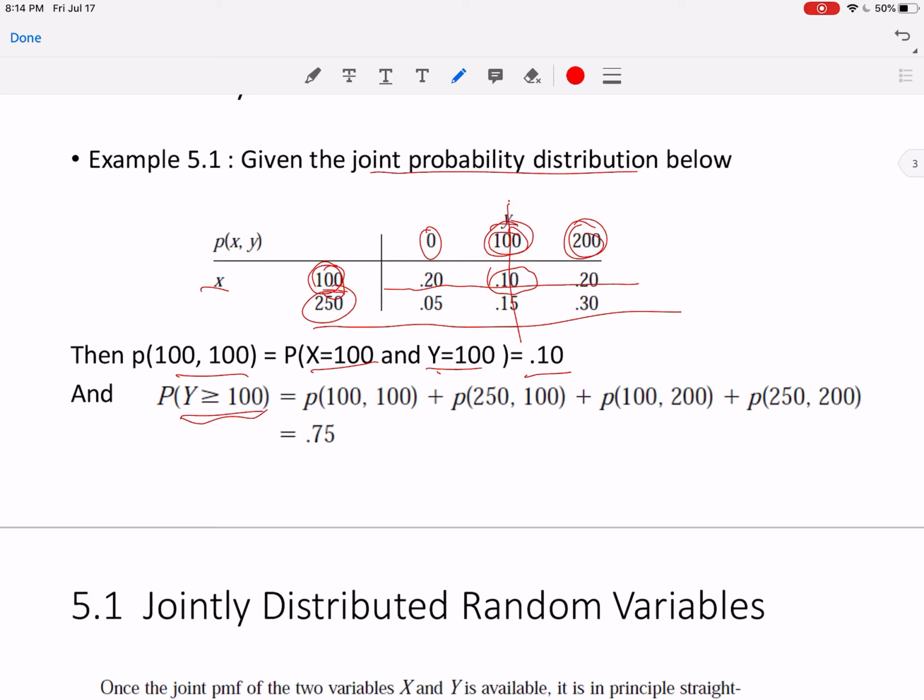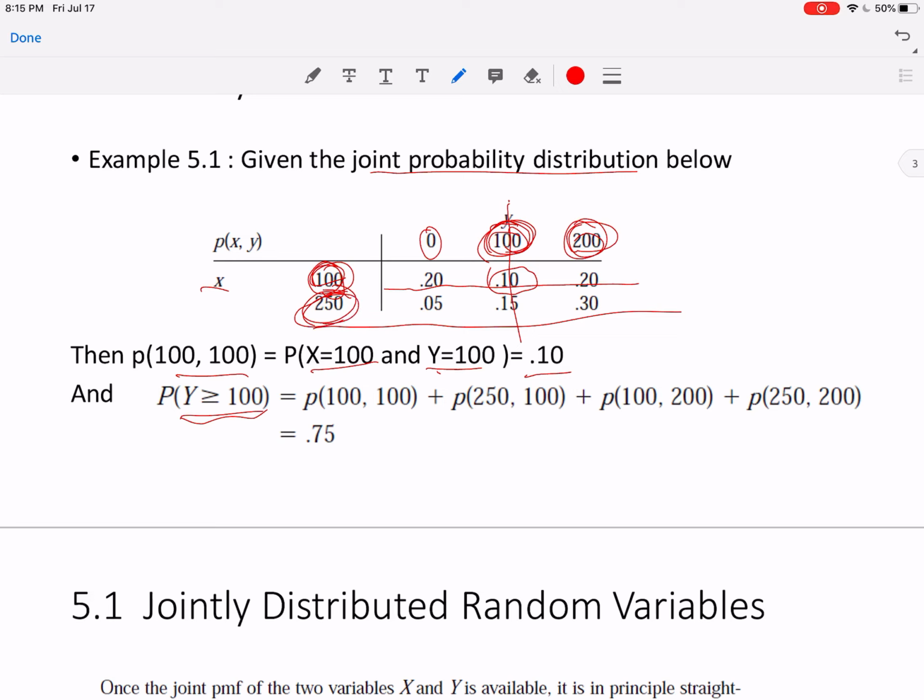So when y is equal to 100, x could be 100. When y is equal to 100, x could be 250 as well. When y is 200, x could be 100, and when y is 200, x could be 250 as well.